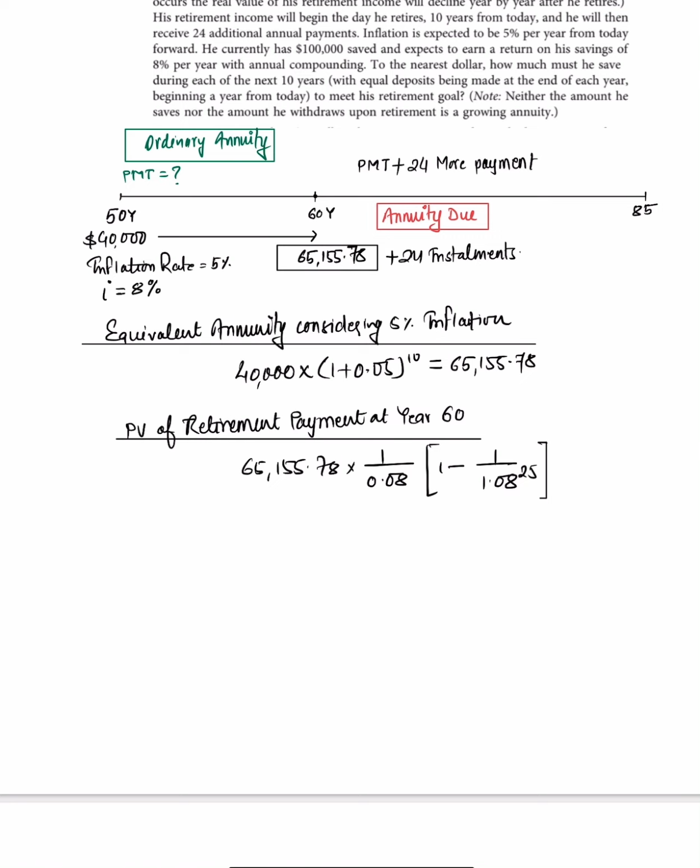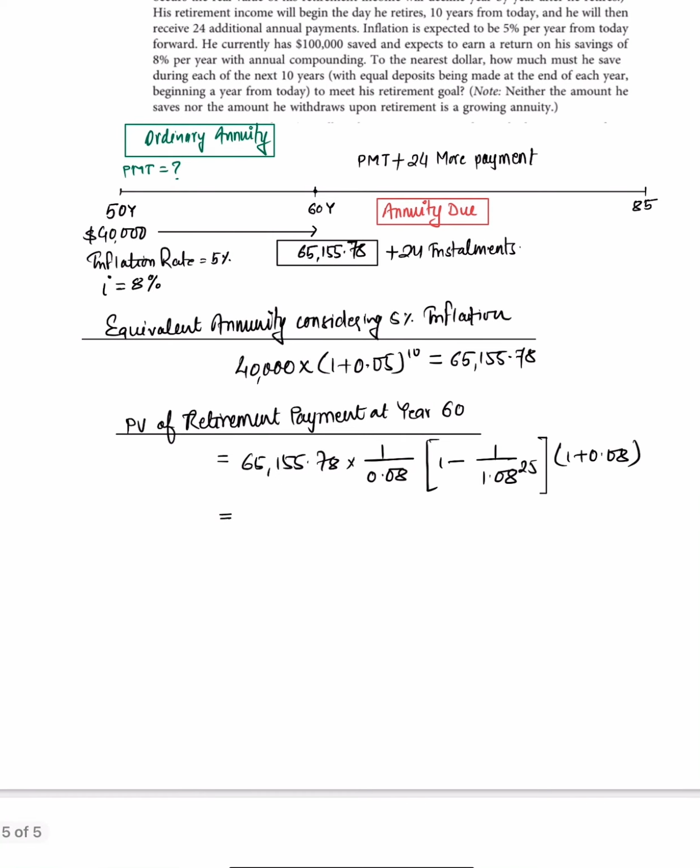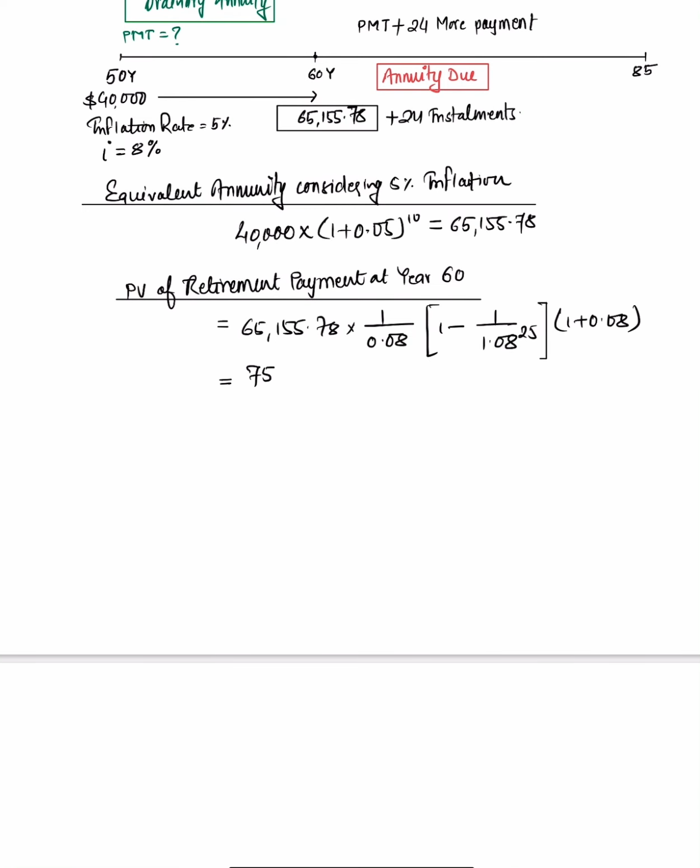Since we are working with an annuity due, we have to adjust this formula by multiplying by 1.08 at the end, which adjusts the discounting by one period because you're getting the payment at the beginning of the year. Let's calculate it. It turns out to be 751,165.23.